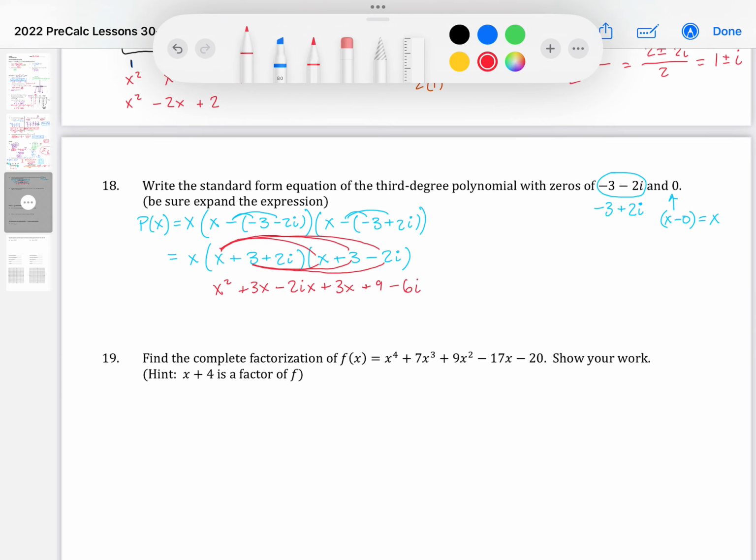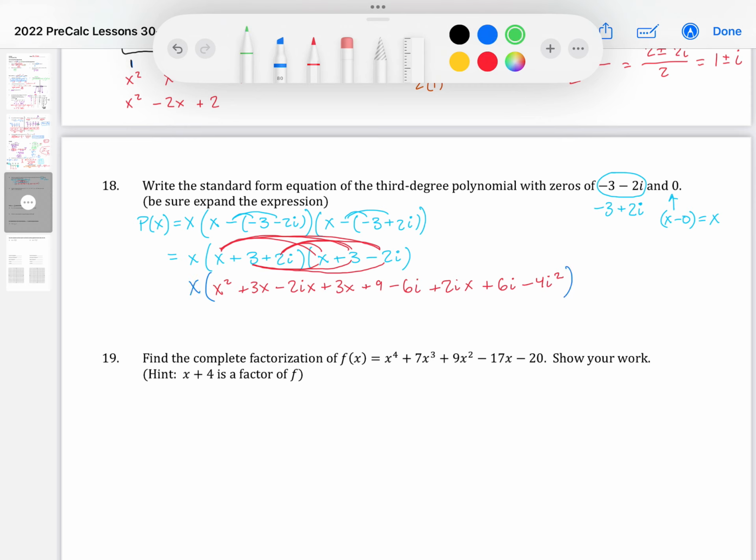All right, the last thing to distribute is the 2i. So we get plus 2ix, and then 3 times 2i is plus 6i, and then 2i times negative 2i is minus 4i squared. That whole thing is still going to be times x.